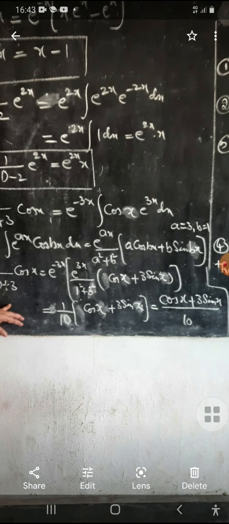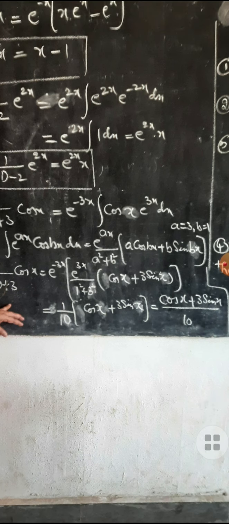Now the integral becomes e power 3x by, what is the coefficient of e power ax? There the exponential function coefficient is 3 and the trigonometric function coefficient is 1. So what is a? a is equal to 3 and what is b? b is equal to 1.